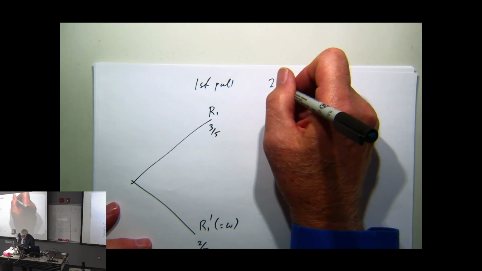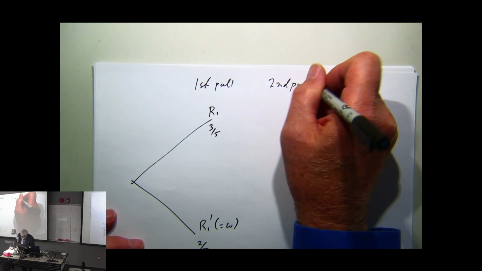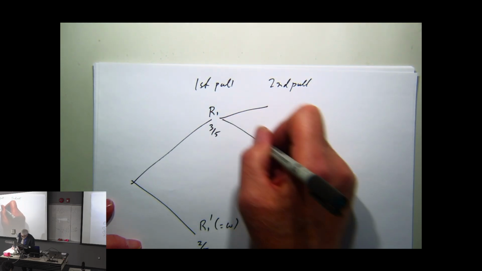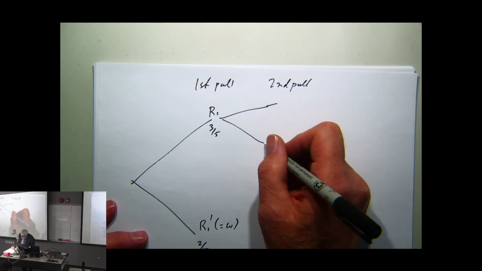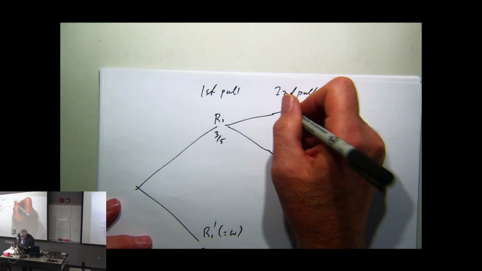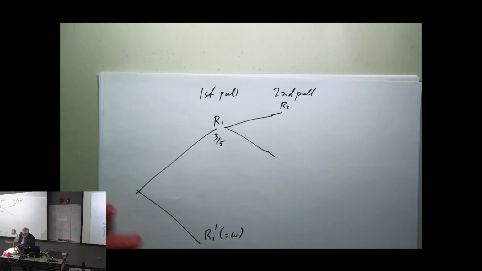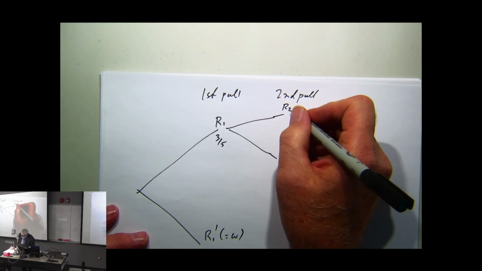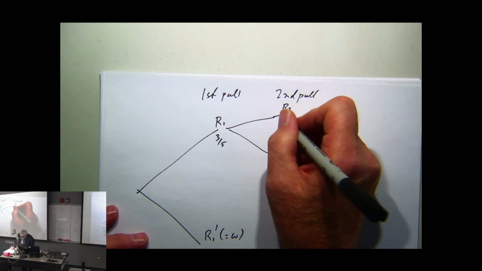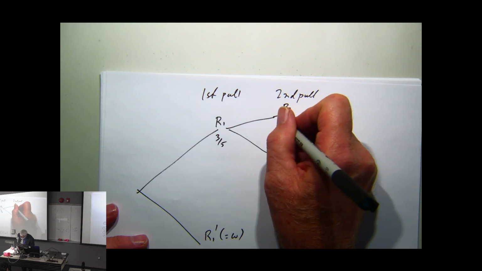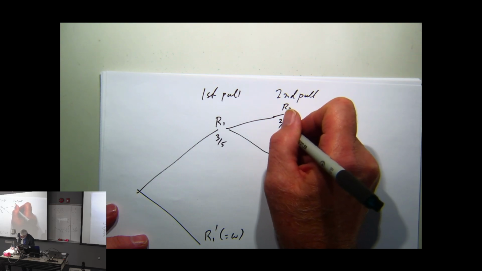And then on our second pull, our probability of getting a red on the second was dependent on what happened in the first pull. So if we got a red on the first, the probability of getting a red on the second was 2 out of 4.